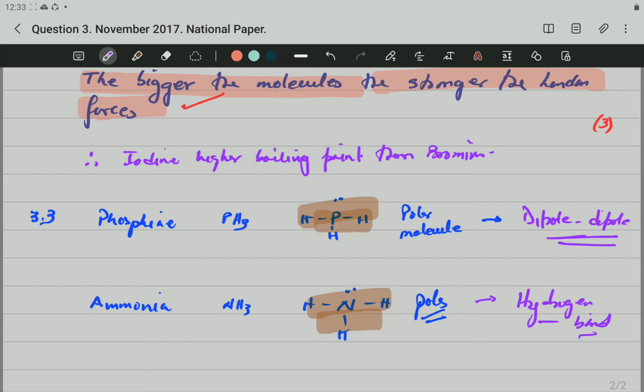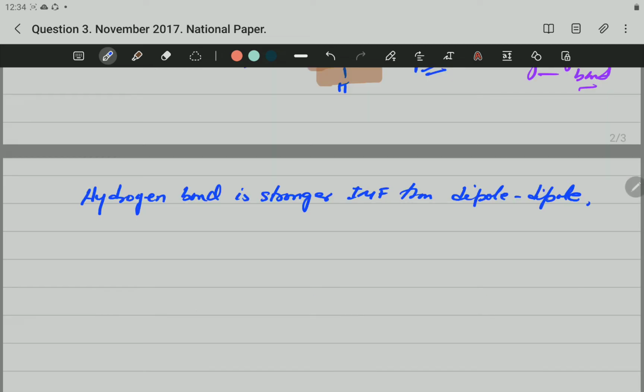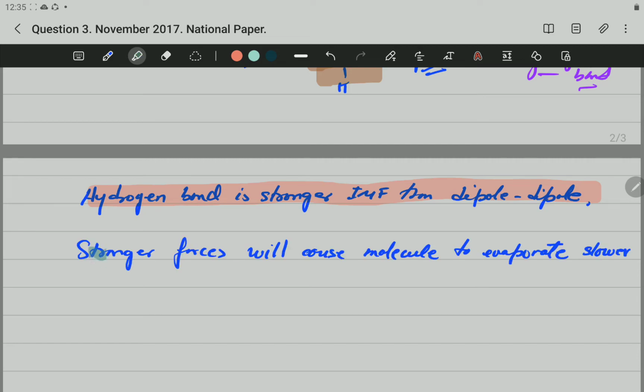So I'm going to write the notes and then I will go back. We have to compare. Hydrogen bond is a stronger intermolecular force than dipole-dipole, and that will be the next mark. And the last note will be that the stronger forces will cause molecules to evaporate slower.